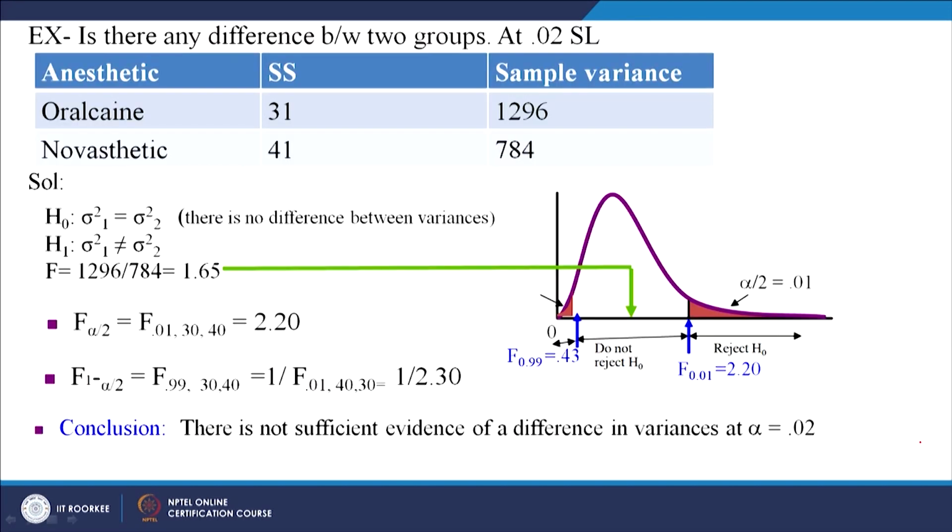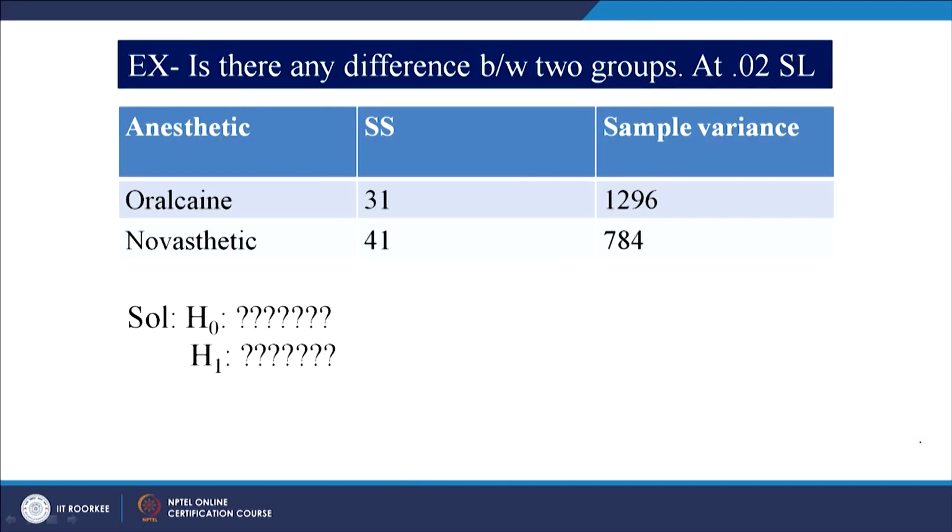Okay. We will try one more example. Let us say there are two types of anesthetics and we want to find out the effectiveness of these two. When the first anesthetic, Orelcaine, was given to 31 patients, the sample variance was this.